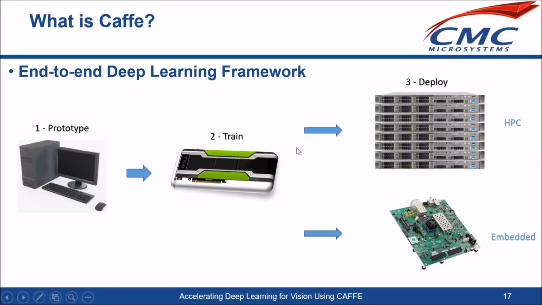And then you can deploy for inference either in a high performance computing center or on an embedded device. Of course, the requirements for deployment on each are very different. For example, for the embedded space, you need to do a lot of optimization. You need to change the resolution of your weights, and you do a lot of optimization of your network to fit within the device and to consume less power.